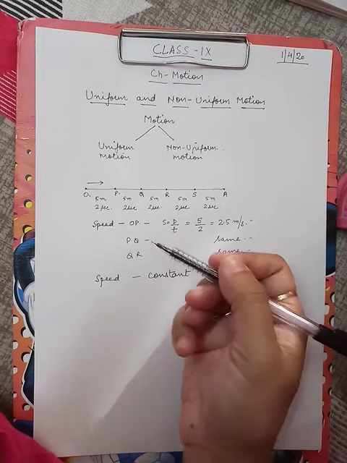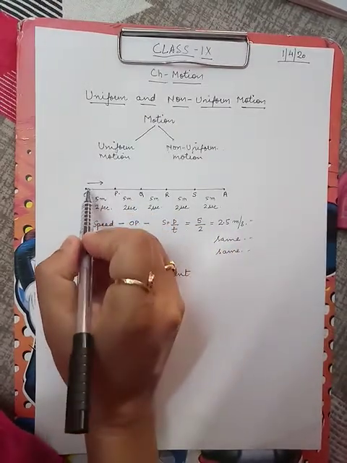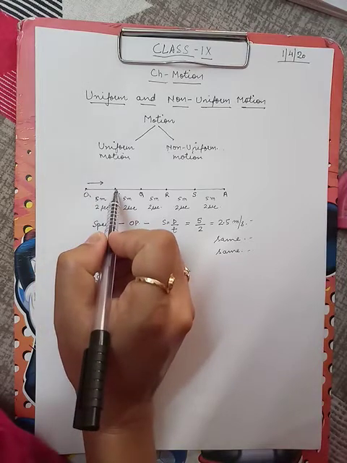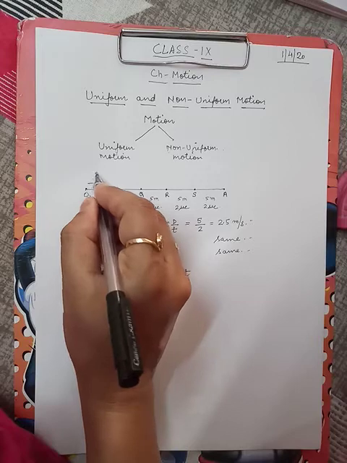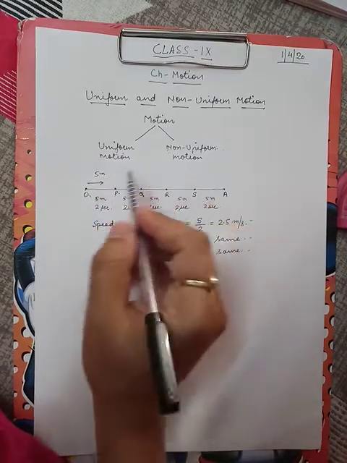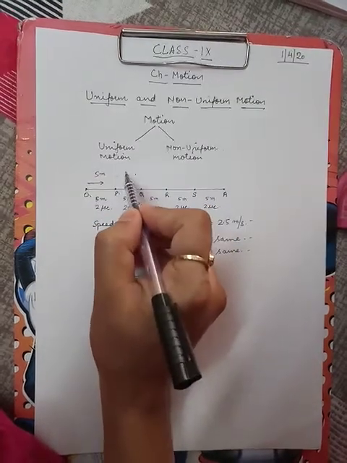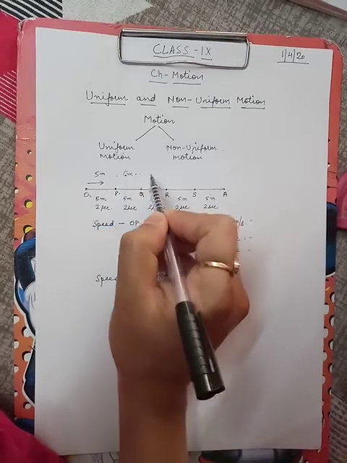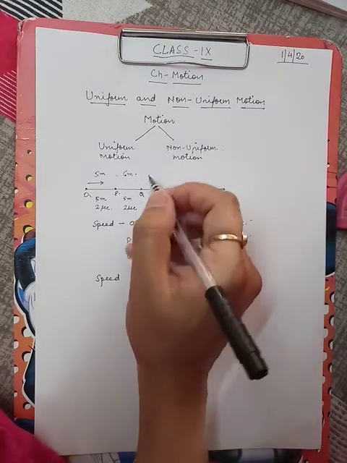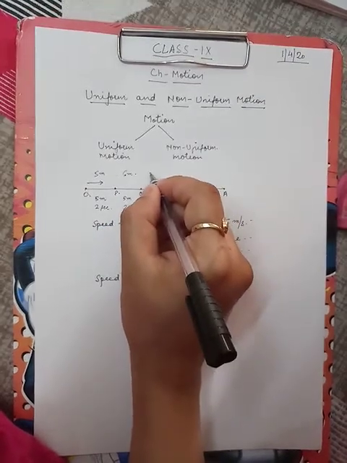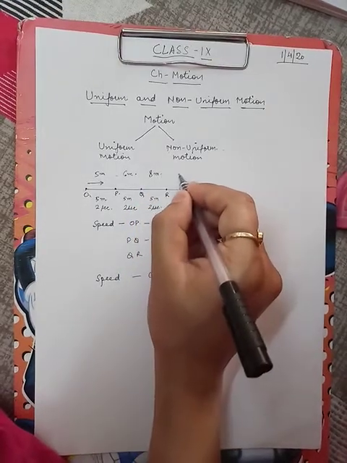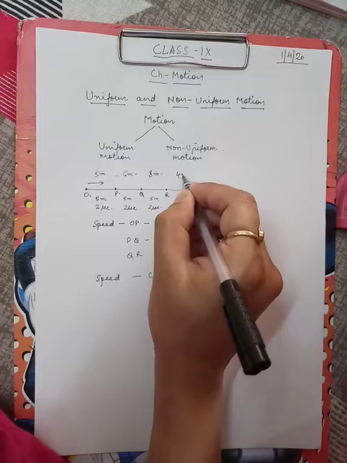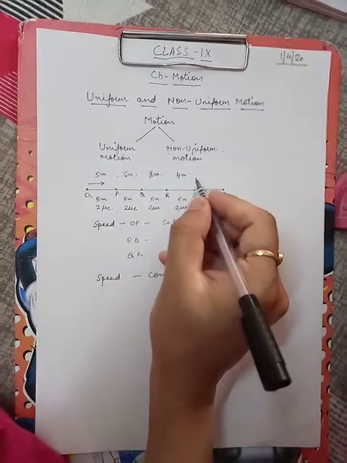How? If we consider that the distance covered by the object in the first case is suppose 5 meter, and in the second case was 6 meter, and in the third case it was 8 meters, and then it was suppose 4 meters, for example.